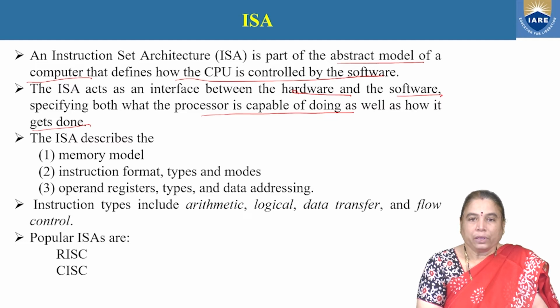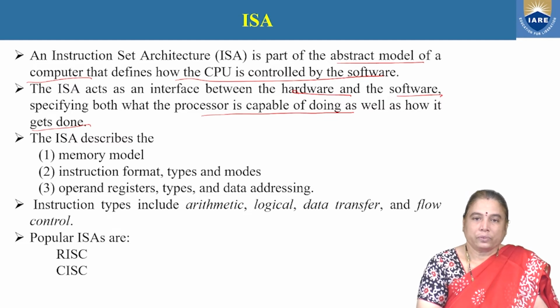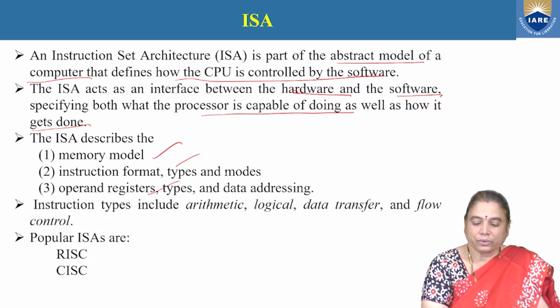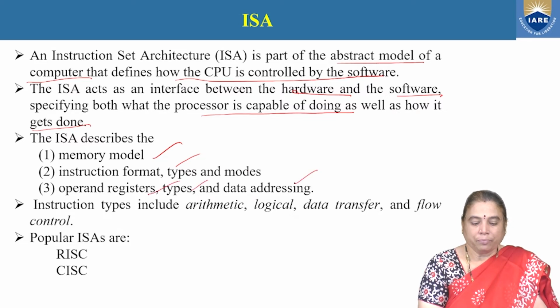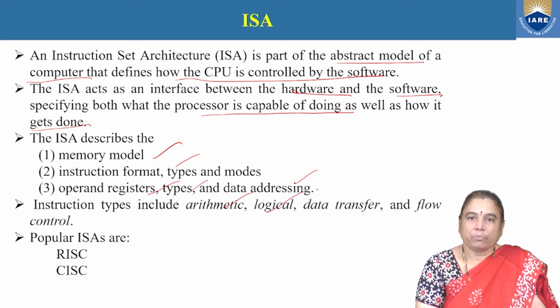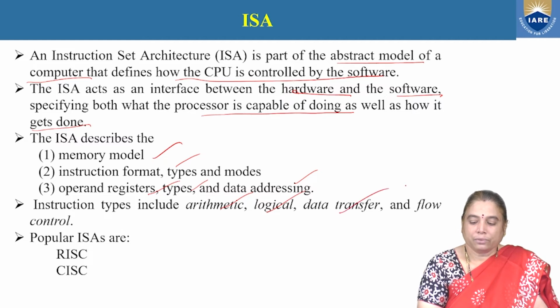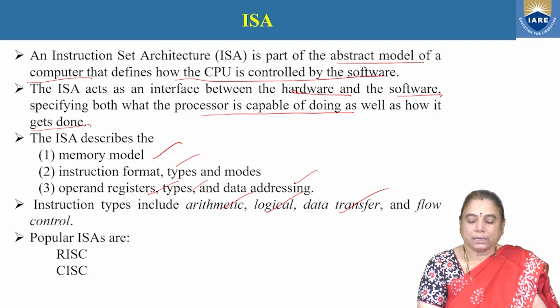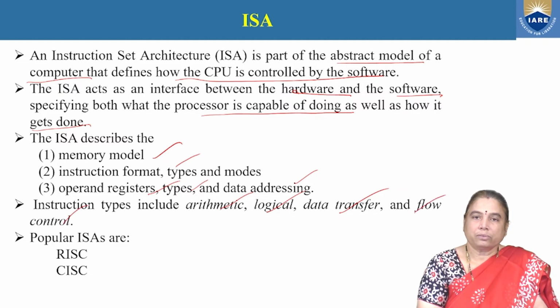by the ISA. Not only that, the ISA describes the memory model, the instruction format, the types and addressing modes, the operand registers and types, and data addressing, and the various categories of instructions, like the arithmetic instructions to perform arithmetic operations, logical instructions to perform bit manipulation and decision making like AND, OR, exclusive OR, and the data transfer operations like move, load, store, and the flow control instructions like jump, call.